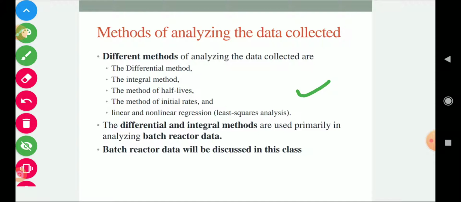Out of all these methods, the differential and integral methods are the most popular for analyzing batch reactor data. In today's class, we mainly discuss batch reactor data, so we will focus on the differential and integral methods.